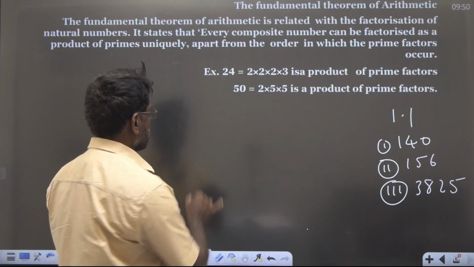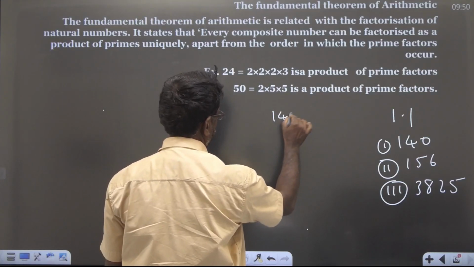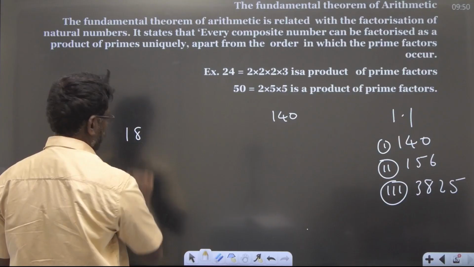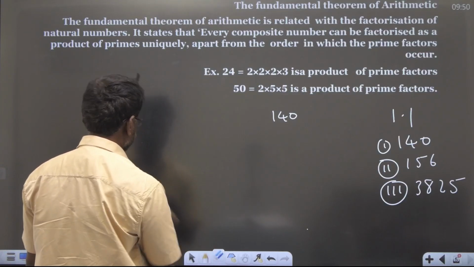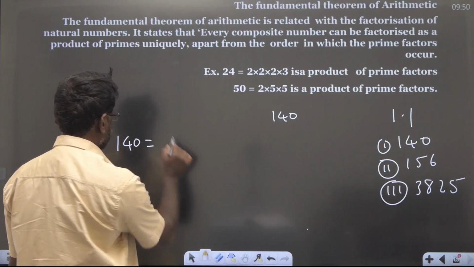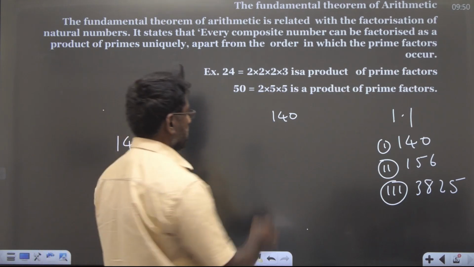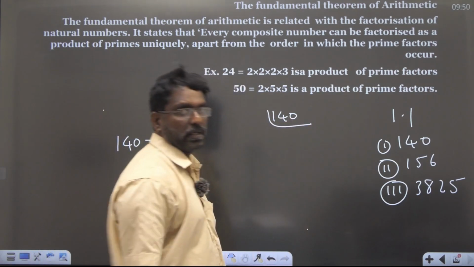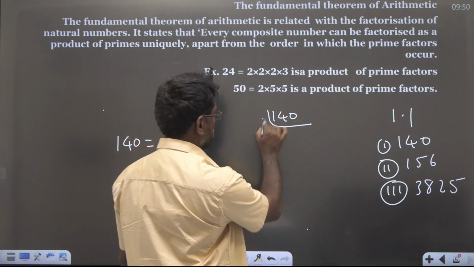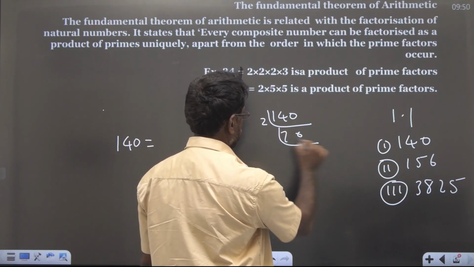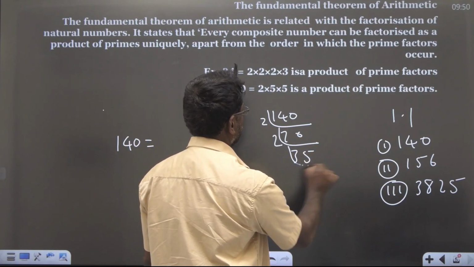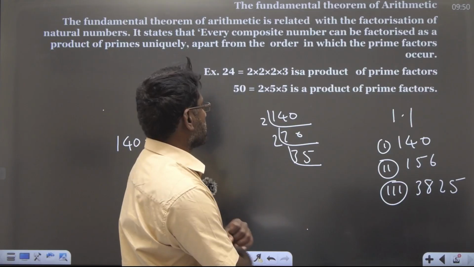What is the first question? 140. How can we express it? 140. First you try with the first prime number, that is 2. That is 70. Yes, it is possible. Again with 2, 35. Again 2 is not possible, 3 is not possible.